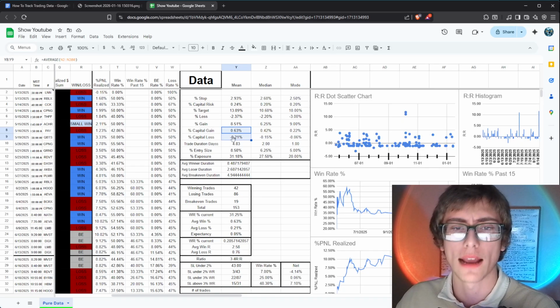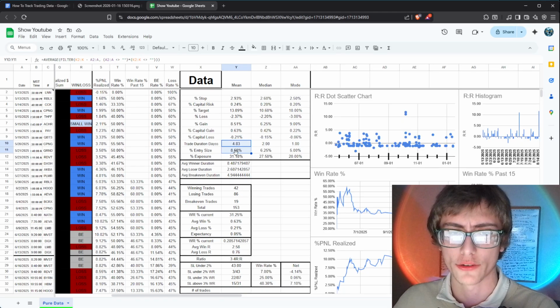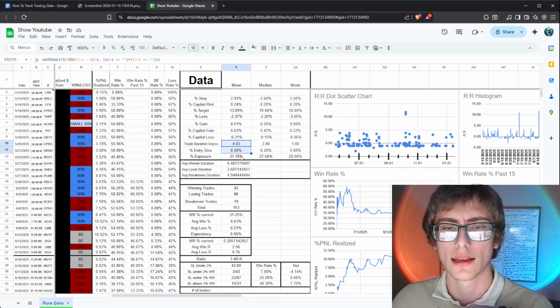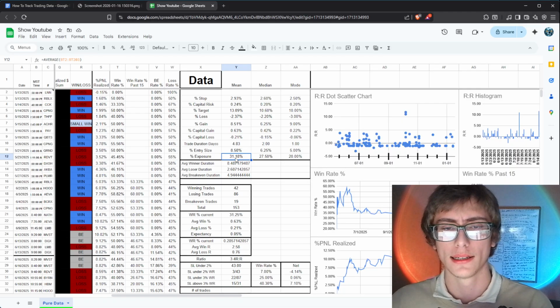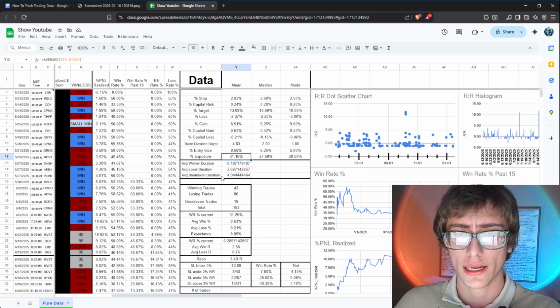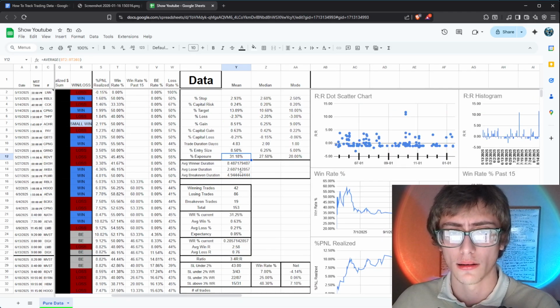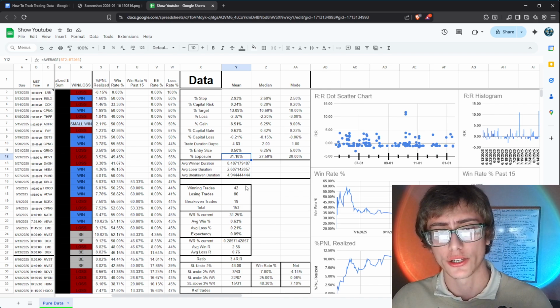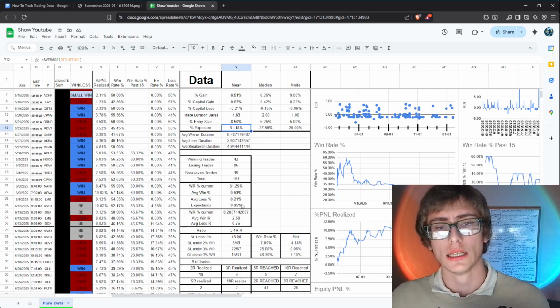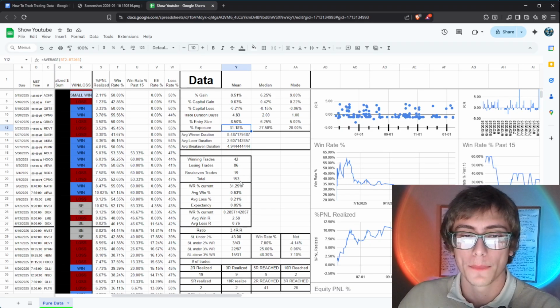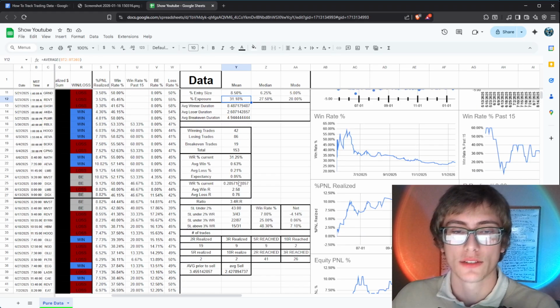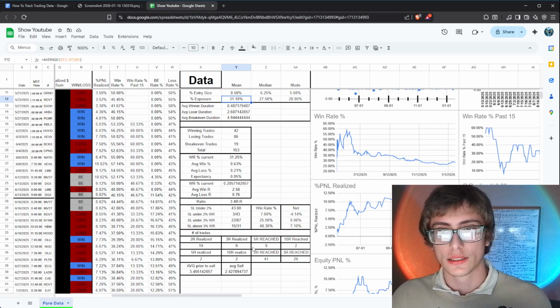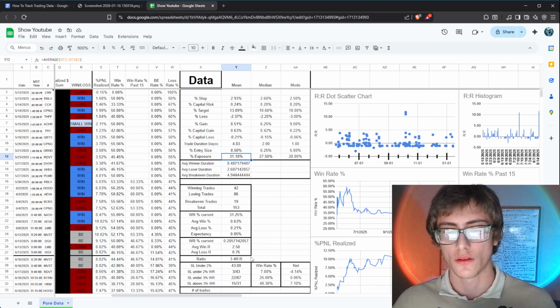Average capital gain, average capital loss, average trade duration, average entry size, average concurrent exposure to the market, average winner duration, average loser duration, average break-even duration, total trades, winning trades, losing trades, break-even trades, yada yada. So that's enough for the formulas for now.